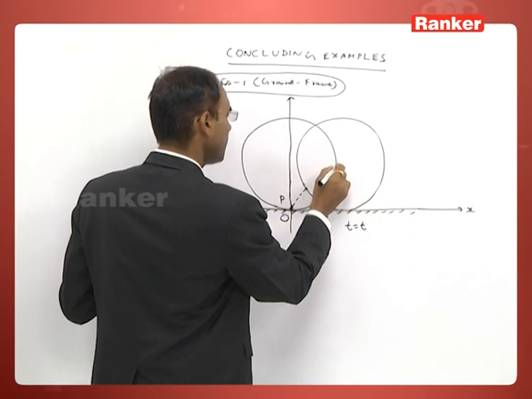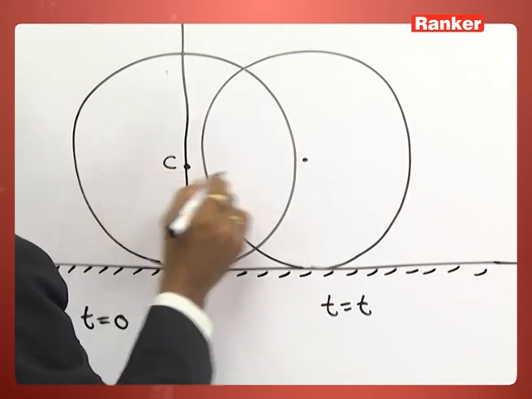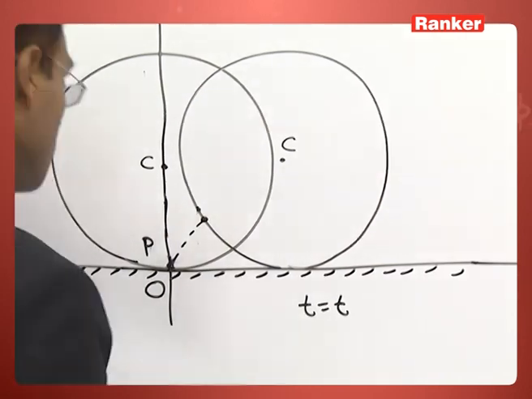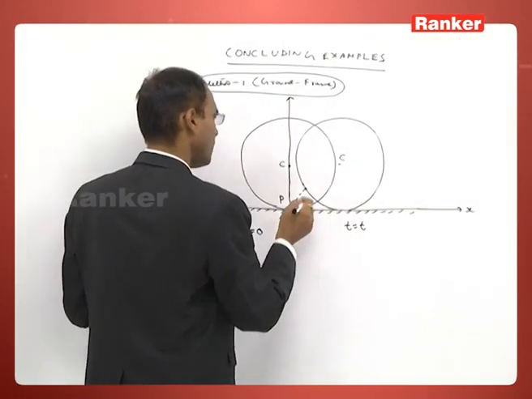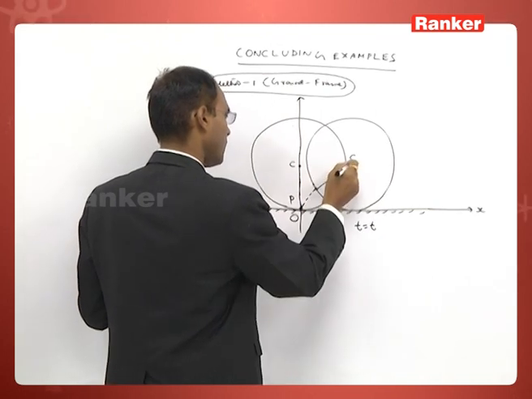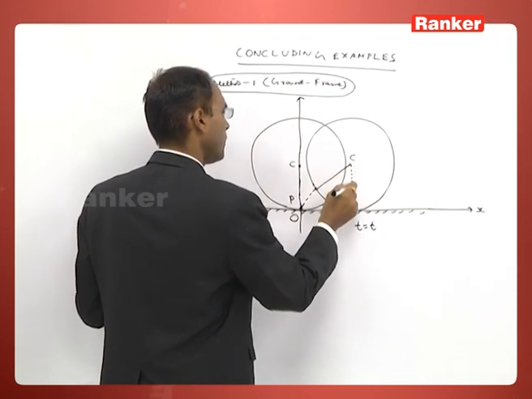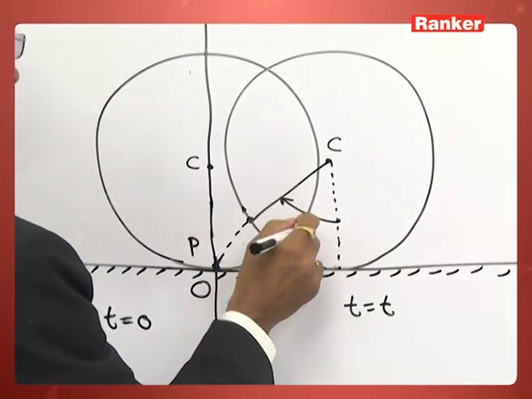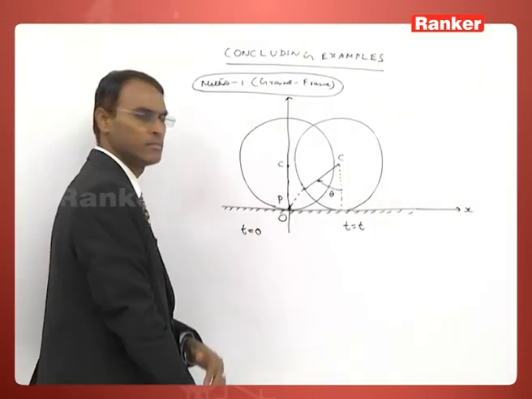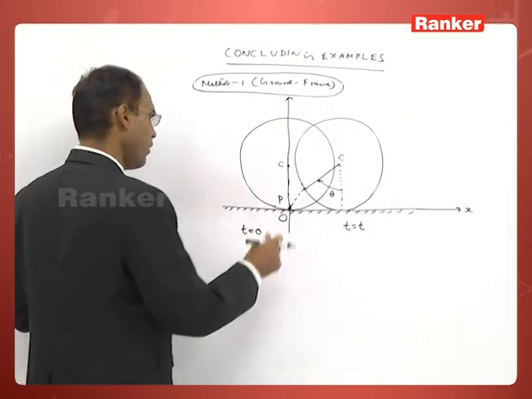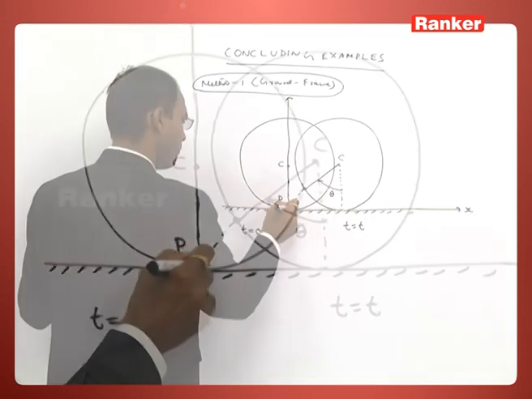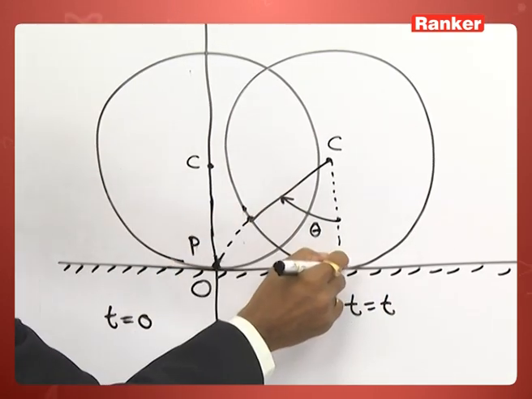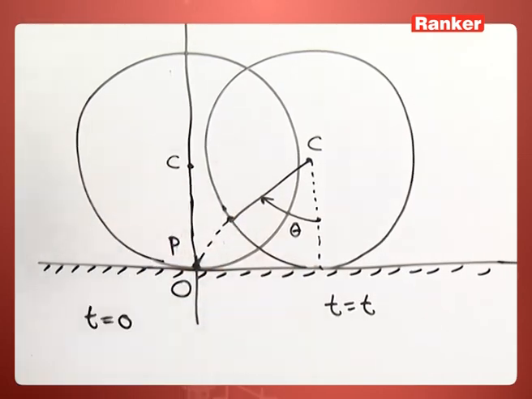With respect to the center C of the cylinder, this point P revolves through an angle theta, say. At time t equal to 0, P was here. After time t, P comes from the bottom to this point.